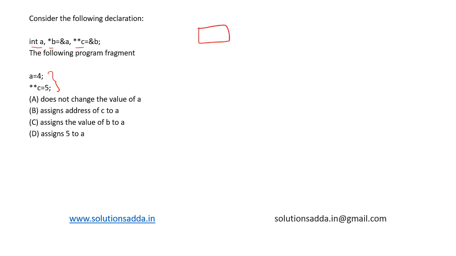So a is an integer variable. It is stored at memory location 100, and we are assigning the value 4. Now b is a pointer variable that is storing the address of a. That is, it is pointing directly to here. The memory address of b is 200. Now c is another pointer which is storing the address of b.